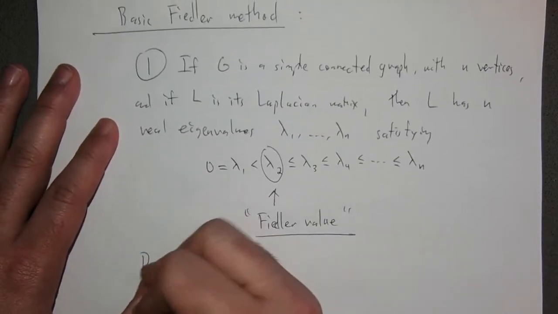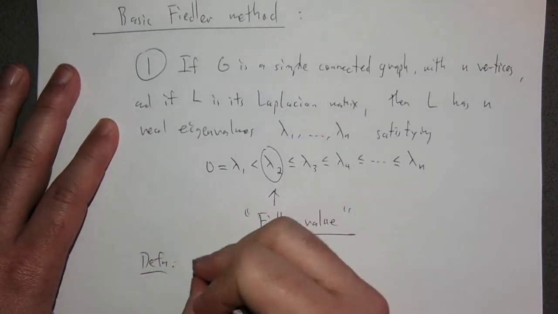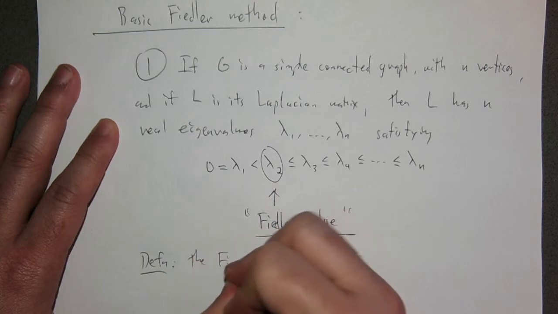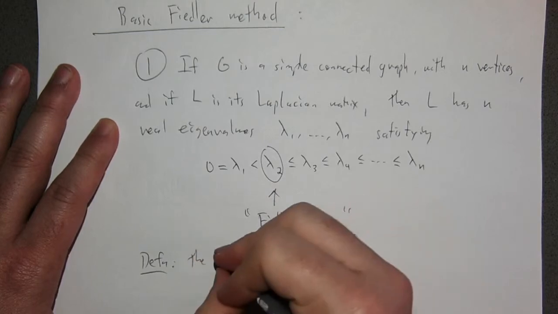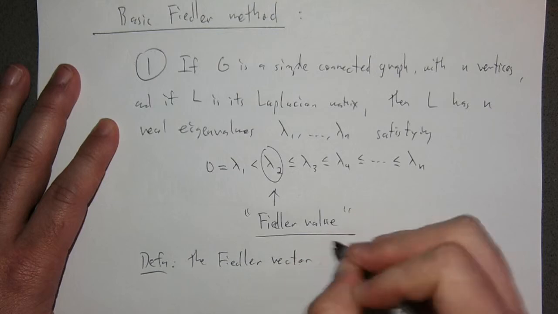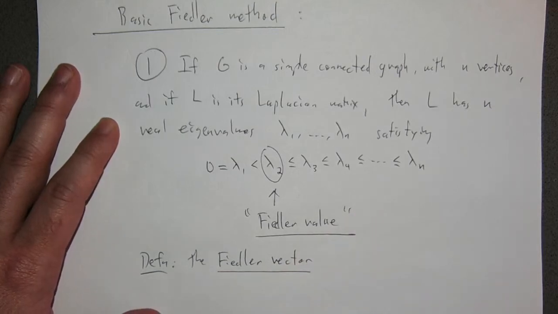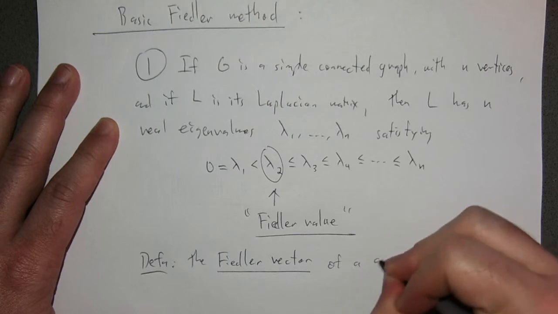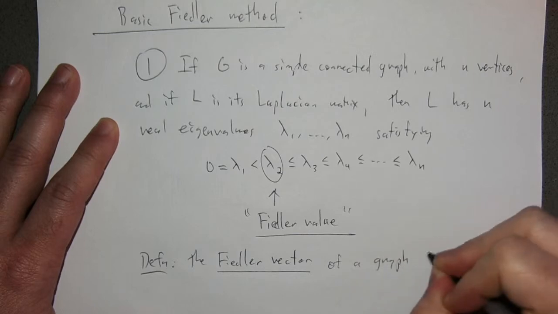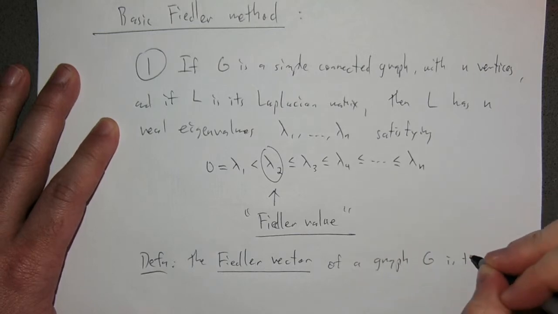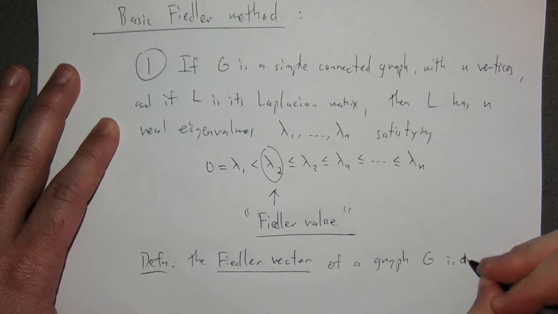And quick definition, the Fiedler vector of a graph G is an eigenvector. I was going to say the eigenvector, but they're not unique.